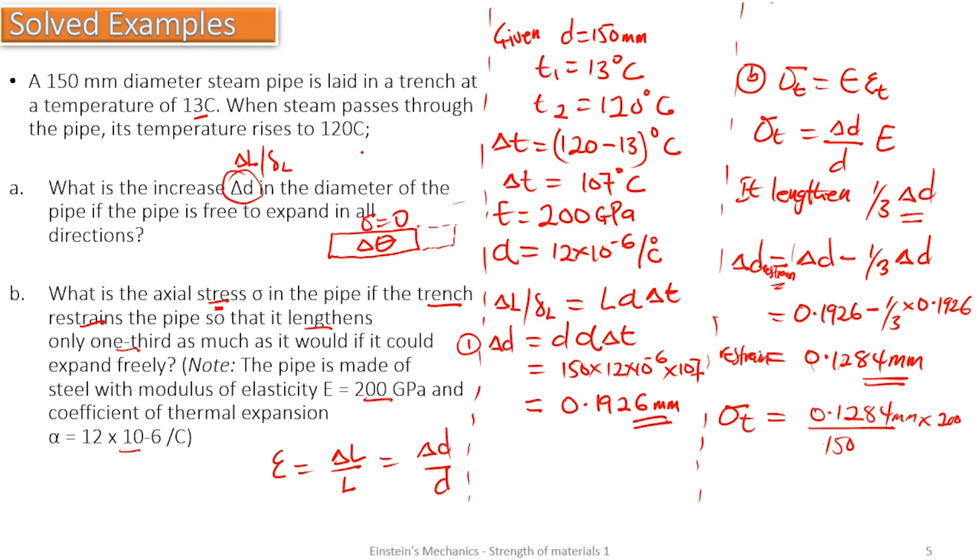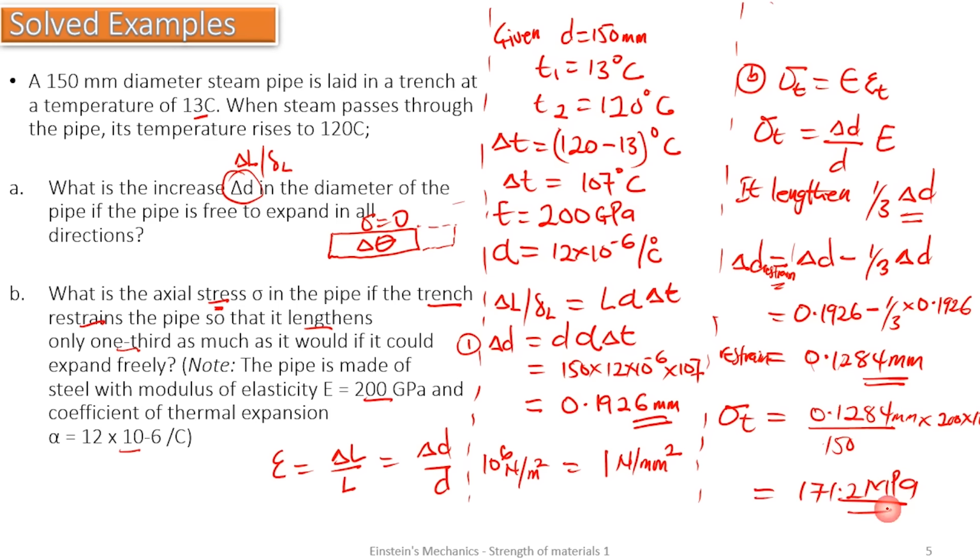Since I'm working in millimeters, this is not going to be times 10 raised to the power 9, because remember, 10 raised to the power 6 Newton per meter square is equal to 1 Newton per millimeter square. So I'm going to be left with 10 raised to the power 3, which is going to give me 171.2 megapascal.